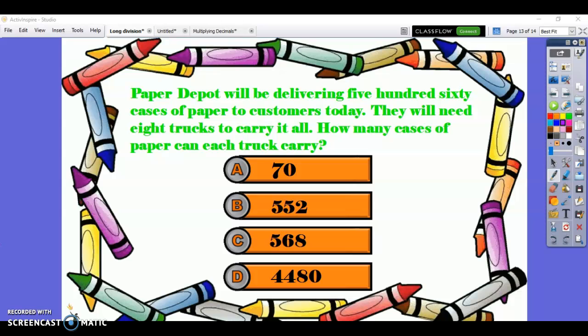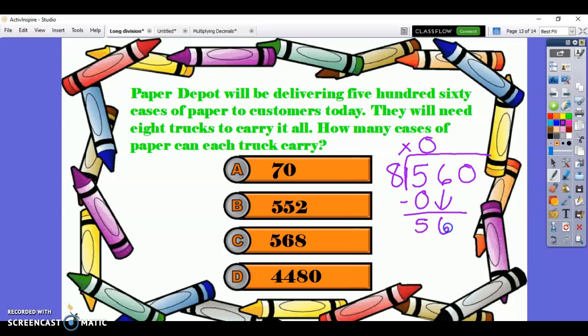Okay, so you should have written 560 cases. You are dividing that by 8. Now, 8 can't divide into 5, so that is 0. 8 times 0 is your 0. You bring down your 5. You drop down the 6. If you know anything about multiplication, then you know that 8 times 7 is 56.